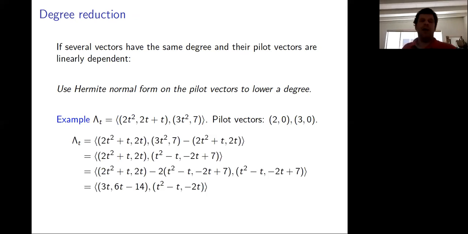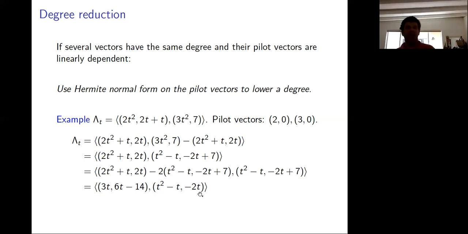How would I eliminate one of these leading coefficients? I can subtract the first vector from the second. That brings the leading coefficient of the second vector down to t squared. Then I subtract twice the second vector from the first one. I do this all just by looking at the leading coefficients. And that eliminates t squared in the first vector. So now I have a degree 1 vector and a degree 2 vector.